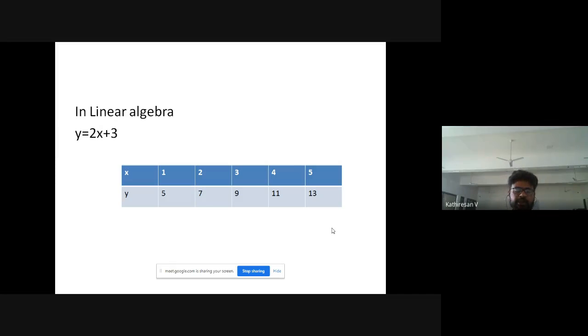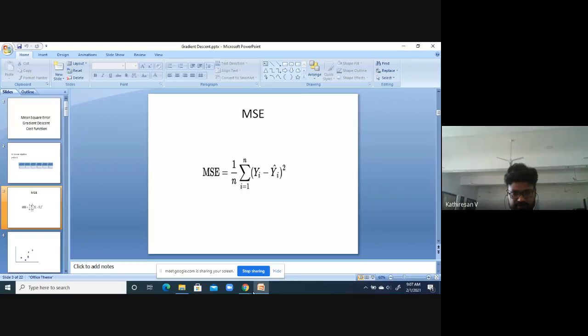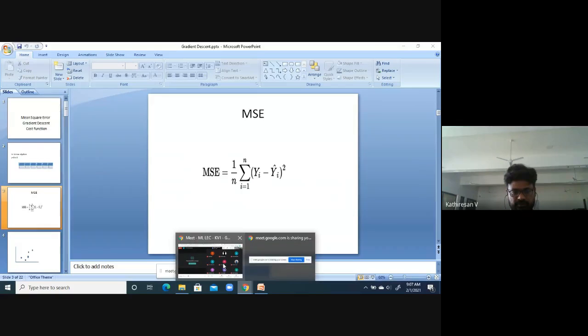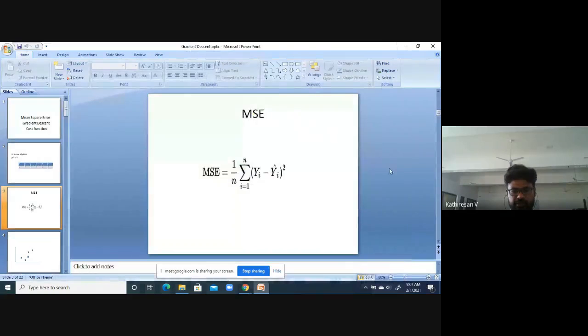We have discussed the mean square error formula also. When we talk about this formula, I hope everyone knows it.